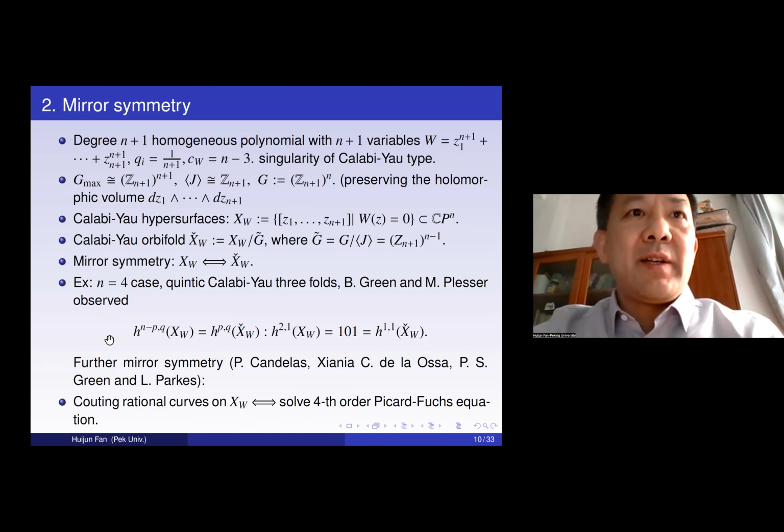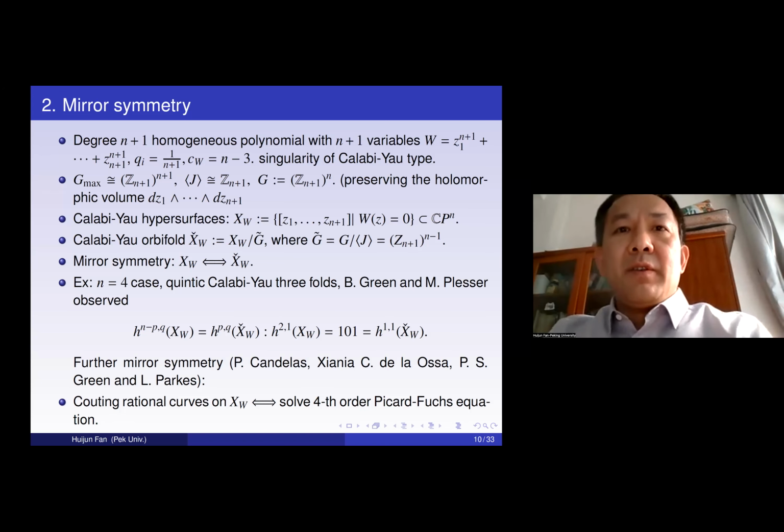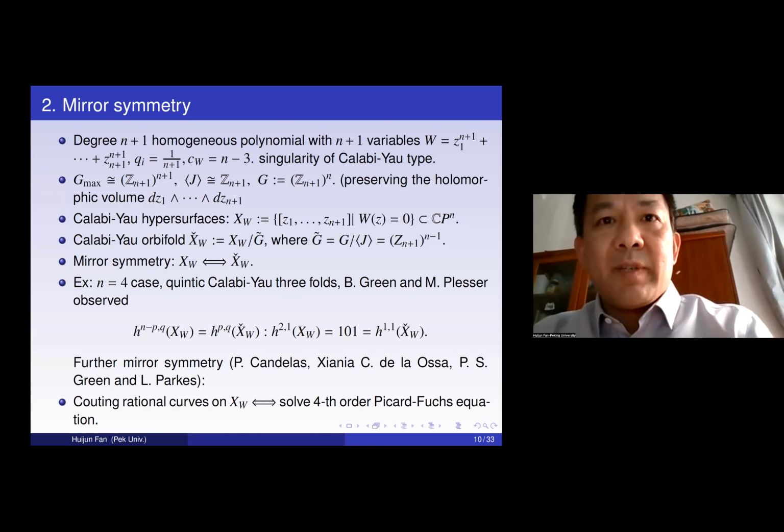This is a very surprising fact observed by the physicists, because counting rational curves on complex manifolds is a very old problem since Riemann's time.